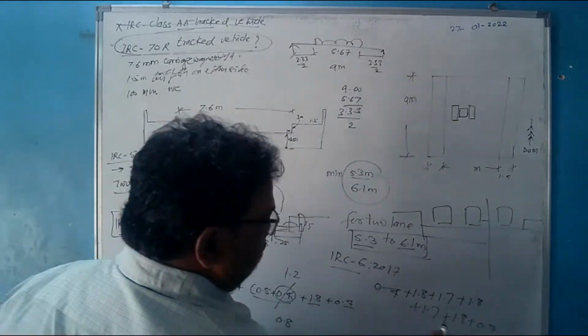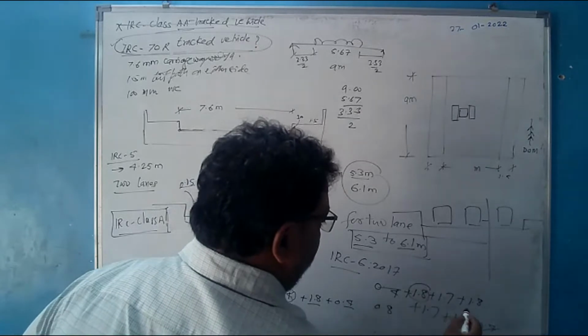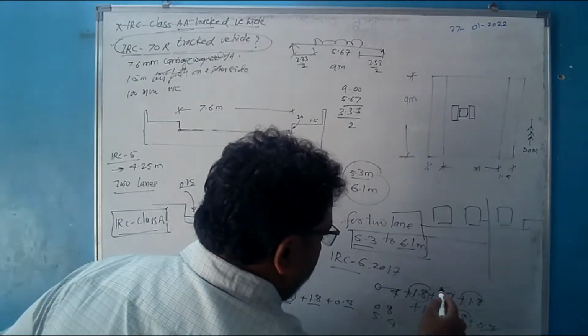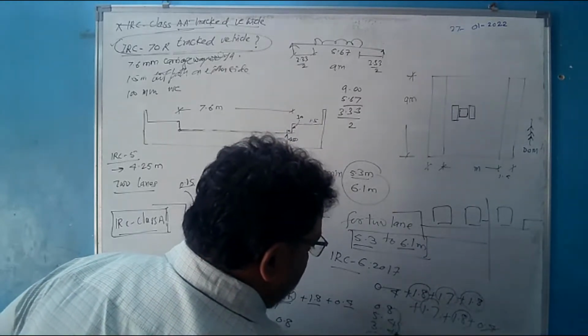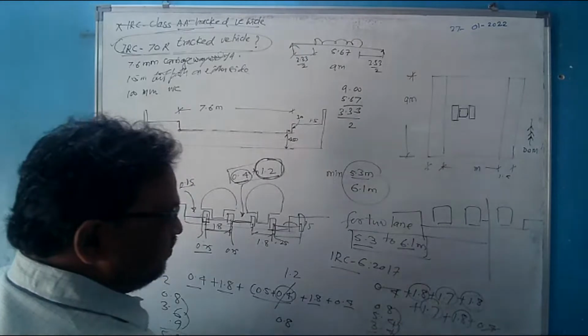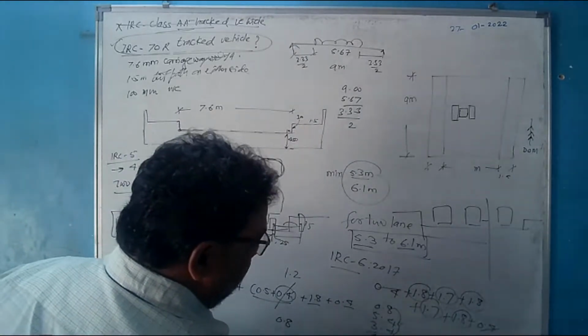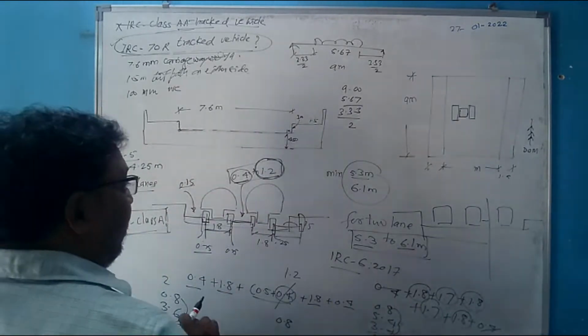So 0.4, 0.4 it will be 0.8. 1.8, 1.8 and 1.8 it will be 5.4. 1.7, 1.7 it will be 3.4. तो 4 और 4 8 पॉइंट, 5 और 3 और 1 9, 16, 9.6 meter.